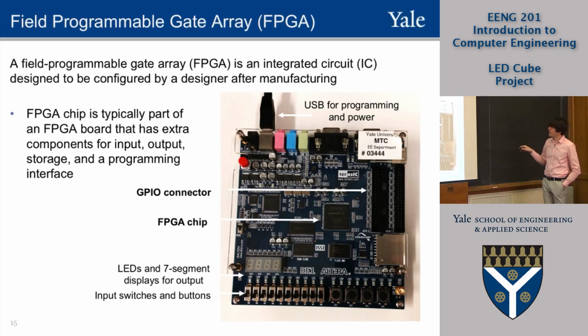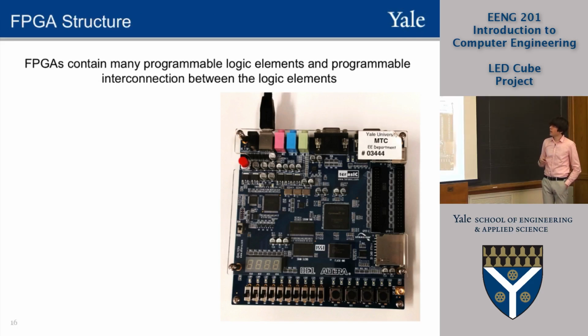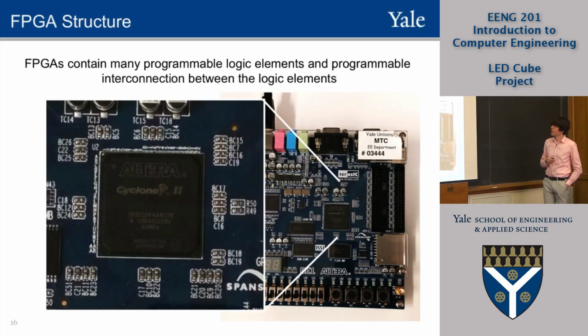In this case, these are 2 GPIO connectors, and they each have 40 pins. You can't actually use all 40 pins. You have to look at the manual for details, but most of these pins can be used to send or receive external signals, and the pins themselves are connected to the FPGA.